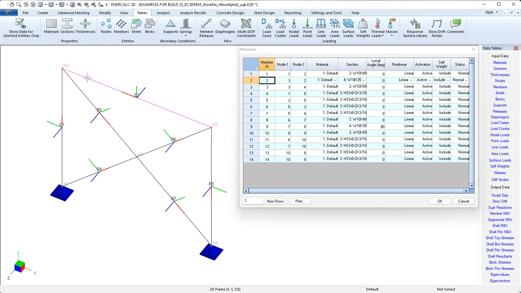The second rule says that the member local z is found by the vector cross product of the local x-axis that we just found crossed with the global y-axis. And the easiest way to picture this is to use your right hand, point your right fingers in the direction of the red axis, and envision curling your fingers up to swivel that red axis into the vertical or the global y-axis.